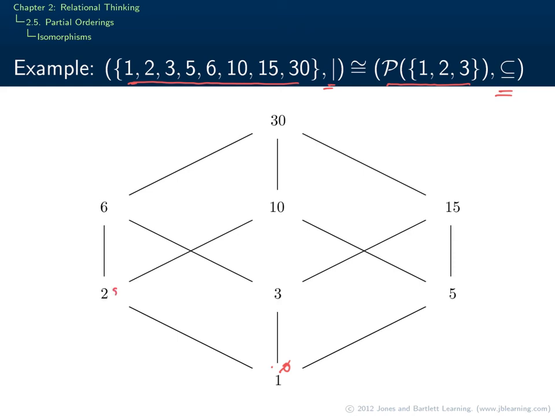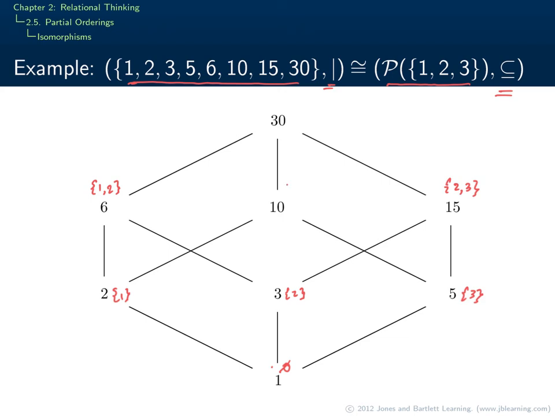We had the singleton 1 here, the singleton 2 here, and the singleton 3. And then 1 and 2 both sit in the 2-element set 1, 2. 2 and 3 both sit in the 2-element set 2, 3.